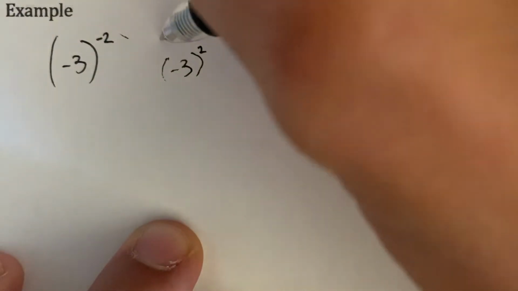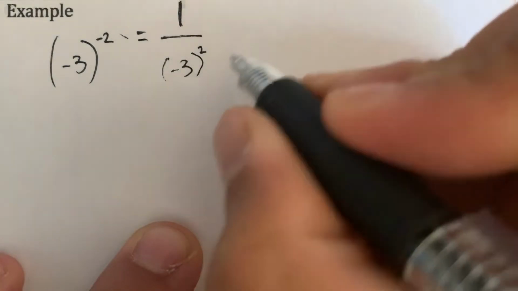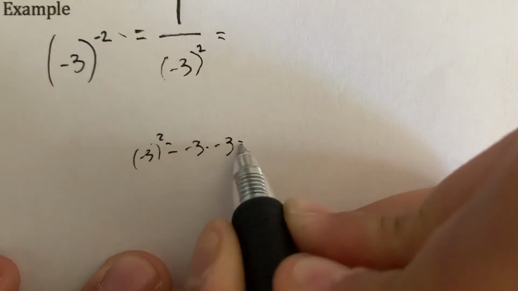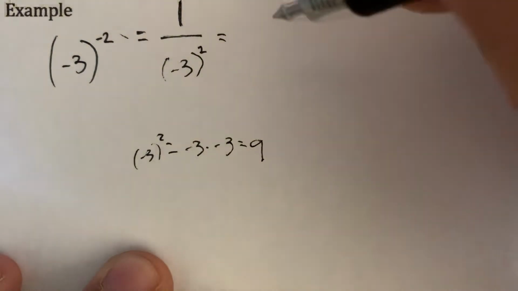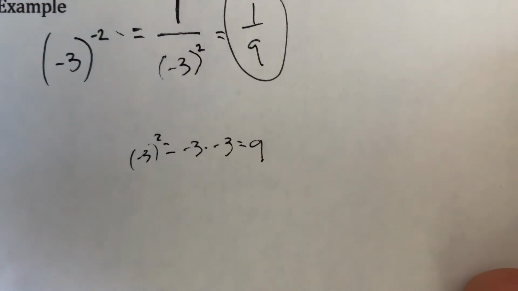So we're going to make the positive 2, and we're going to put it in a fraction. So we think, all right, what's negative 3 to the positive 2? That is negative 3 times negative 3, which is 9. So we get 1 over 9.